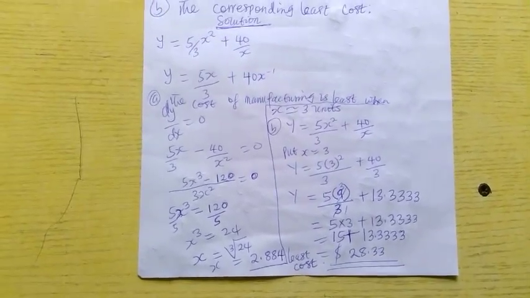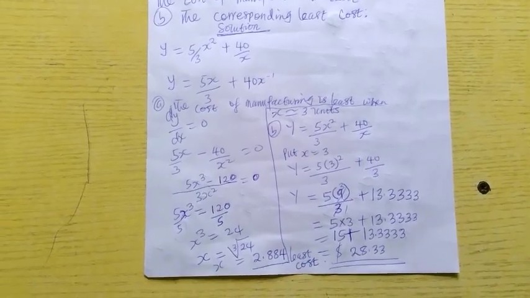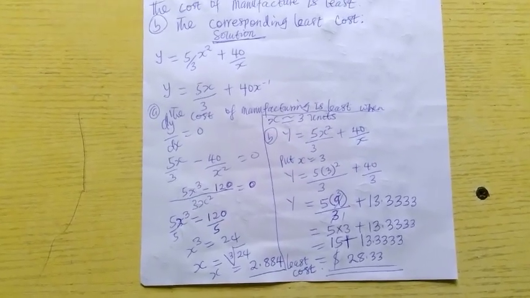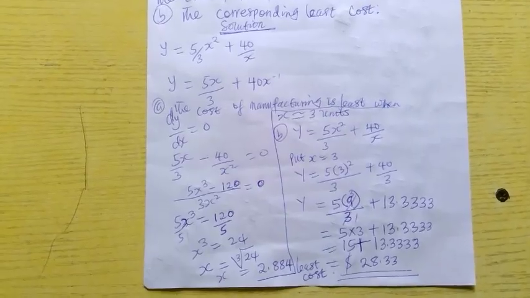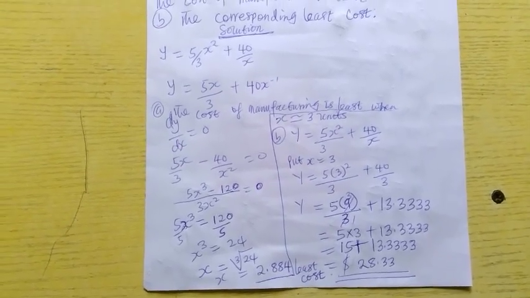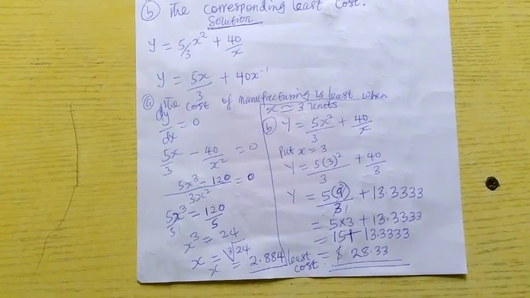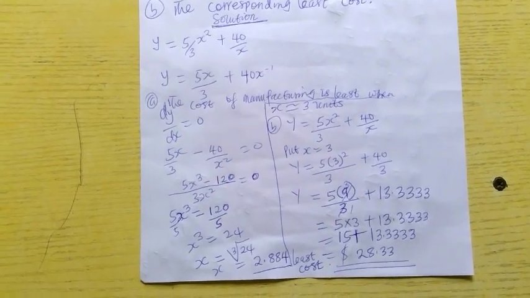If you cross multiply, x squared times 5x, you have 5x cubed. Then you cross multiply 3 times 40, you have 120. Then 3 times x squared, we have 3x squared. That's how we get the LCM.